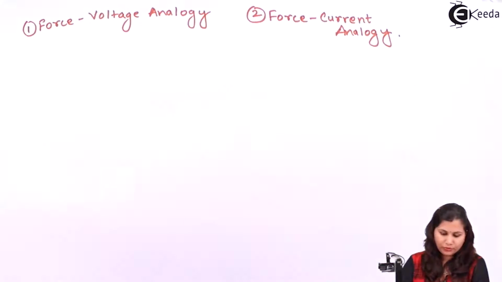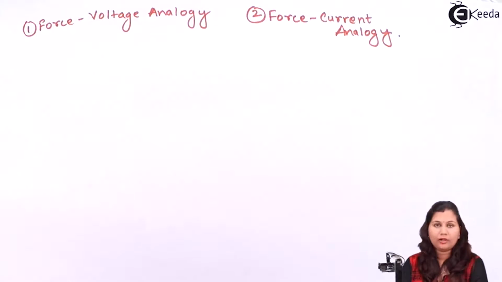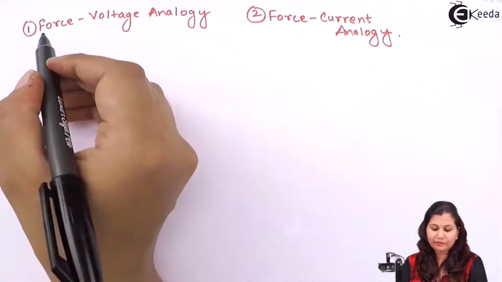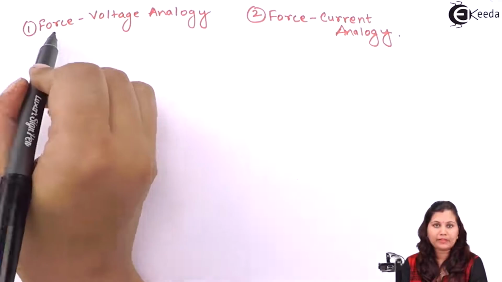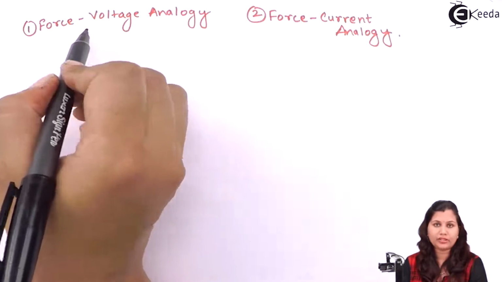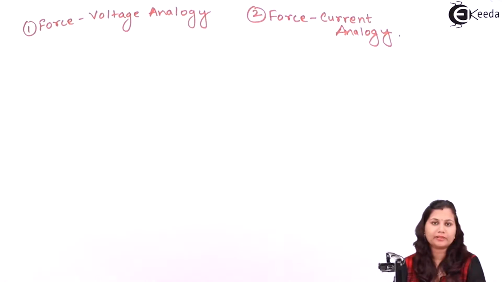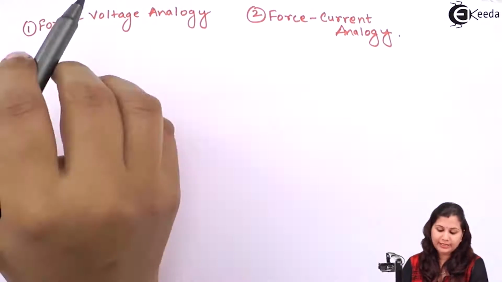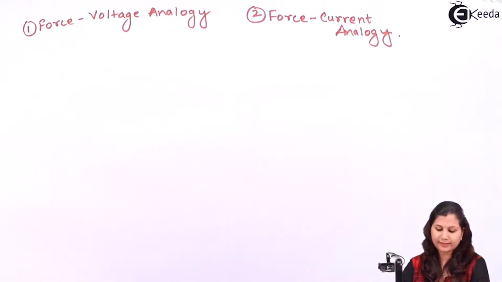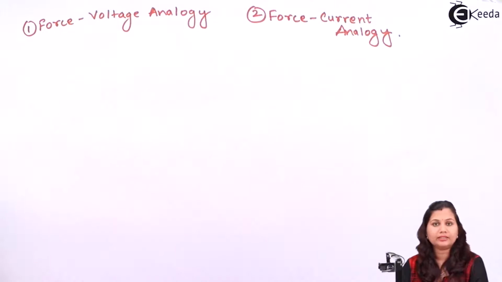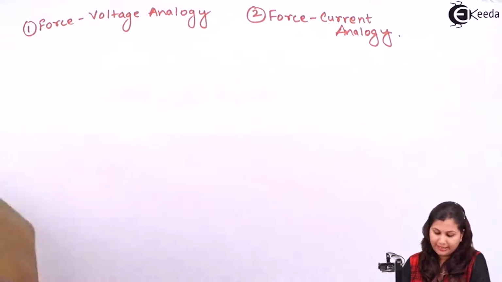In the force voltage analogy, we replace the force with the voltage and compare the equation for the force with the voltage equation and replace the variables correspondingly. This is the analogy which is used to find out the analogous system for the mechanical translational system. Let's see.